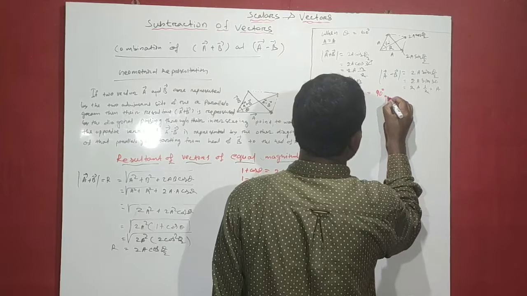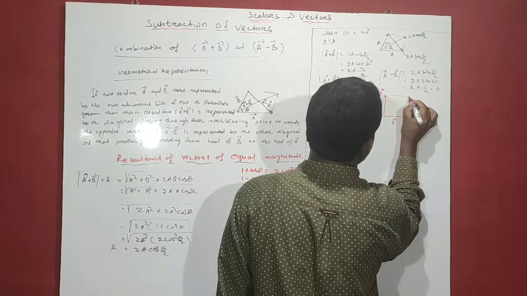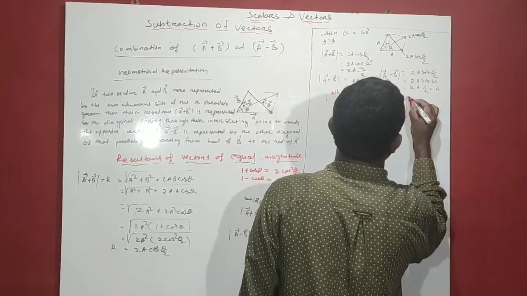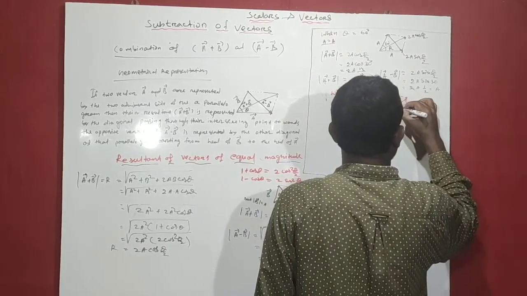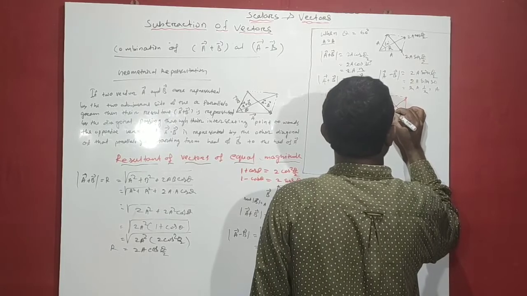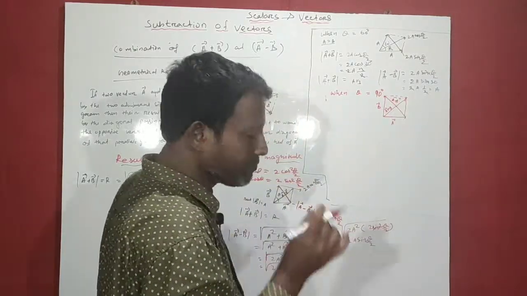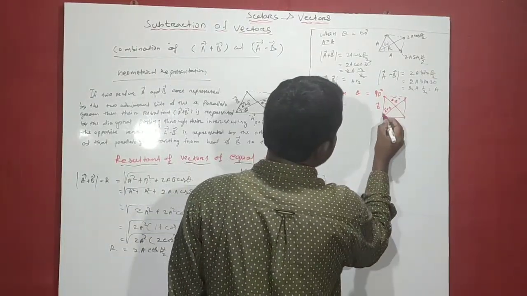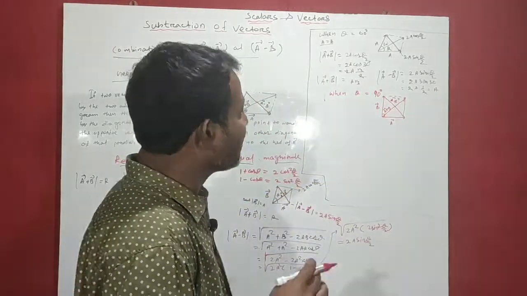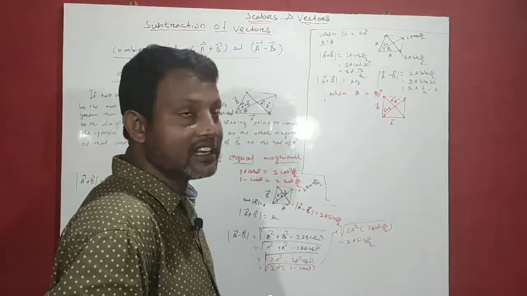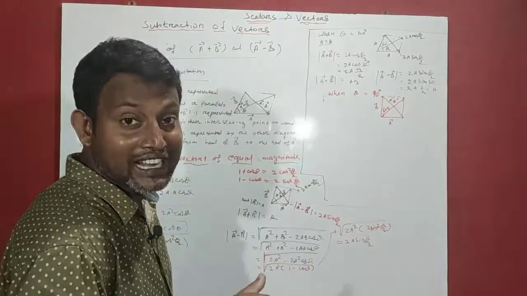Let this be the A vector and this be the B vector, and A plus B is this diagonal, and the other diagonal is A difference B, A minus B. When theta is 90 degree and the magnitudes of A and B are equal, they are represented by a square.